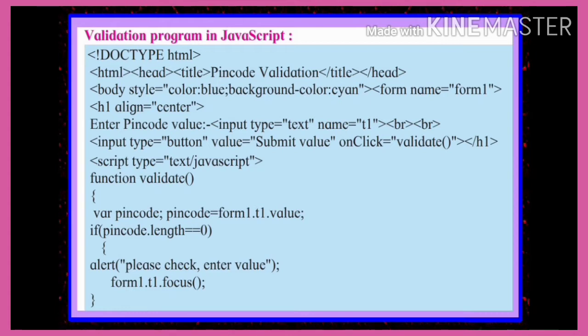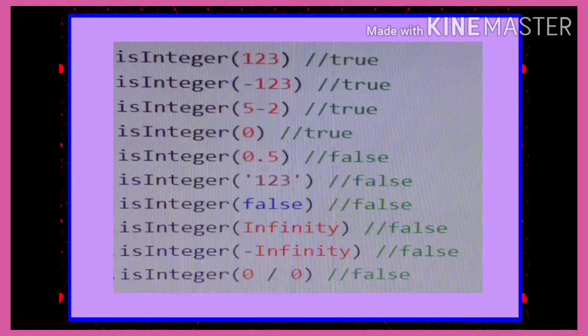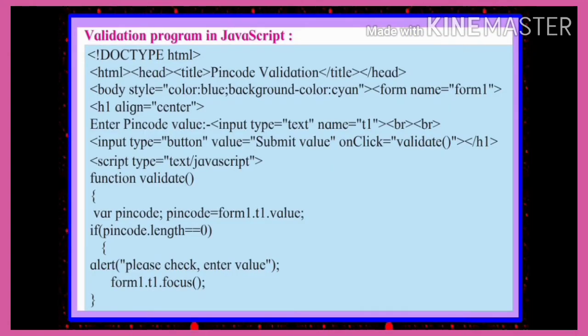Then check the value by using if else statement. If pincode.length is equal to 0, then execute the statement. Alert, please enter value, form1.t1.focus. Here the text box always returns a string value, so ultimately the value of variable pincode is a string, so you can apply the length property on the variable pincode.